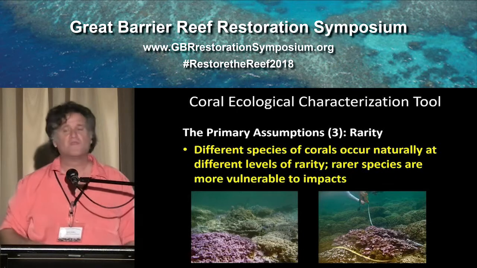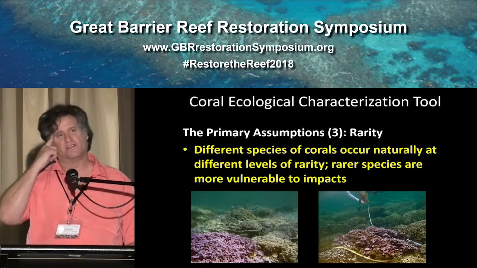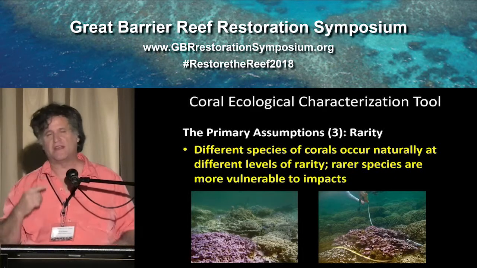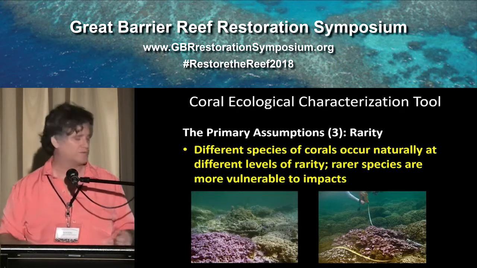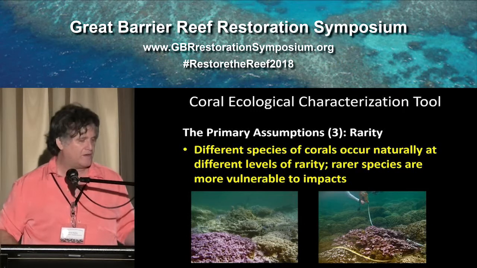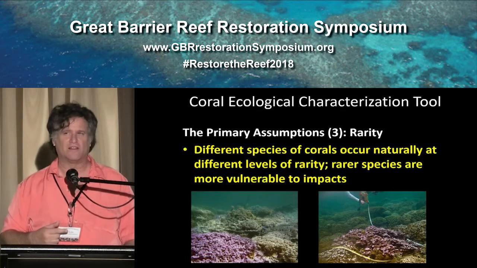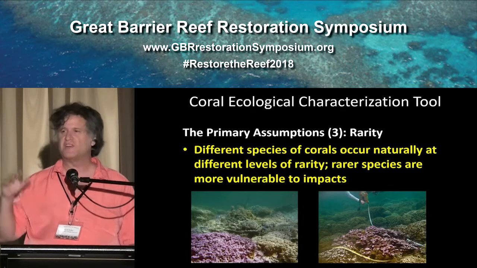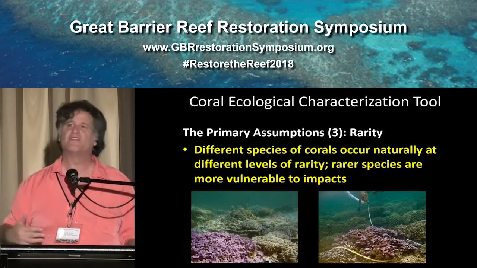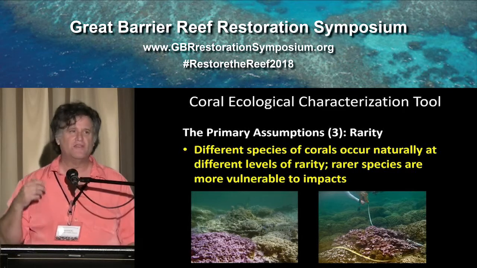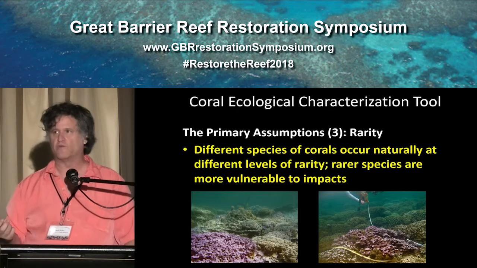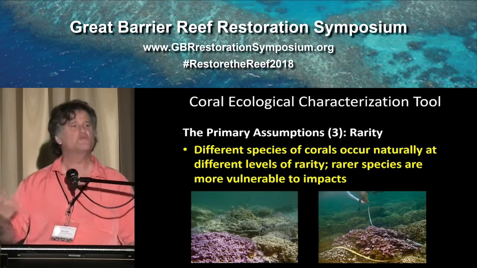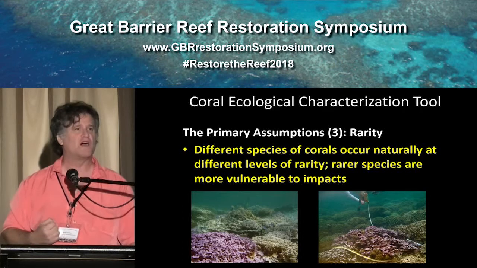The next one's a little harder to understand, and that's rarity. On a reef, it's very easy to determine rarity for species or forms of coral. But you've got to think about it a little bit, because you would think if something's rare, it shouldn't have that many functions because it's not there in that much numbers. But actually, there is a social value to rarity. We, as humans, value rare things more than we do common things.